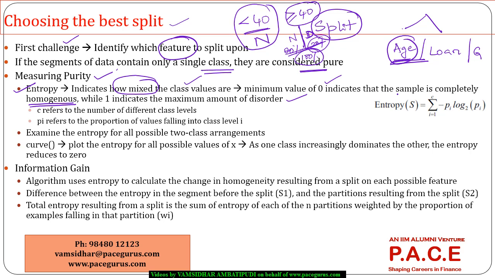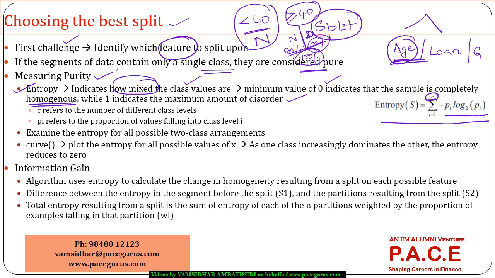The way we measure the entropy is through this formula, where I am looking at C different classes. If the data is split into C different classes, I am measuring the entropy as minus Pi log Pi, where Pi is the proportion of the values falling into the class i.